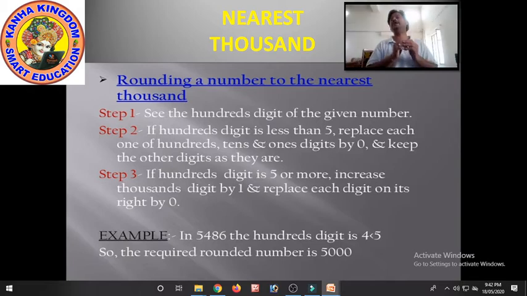In 5486 the 100s digit is 4, less than 5, so the required rounded number is 5000. I hope you all understand nearest 10, nearest 100 and nearest 1000.